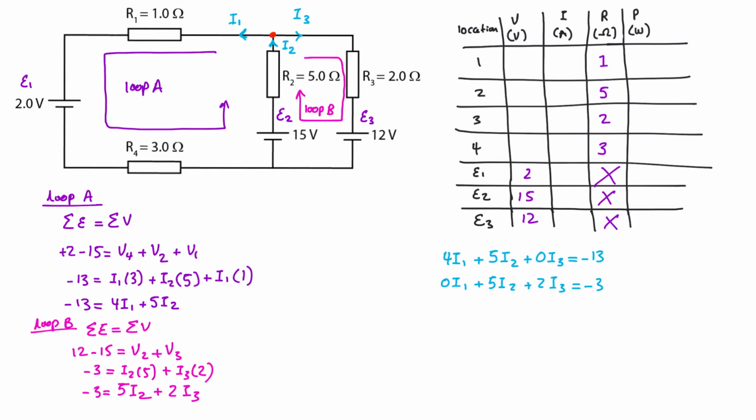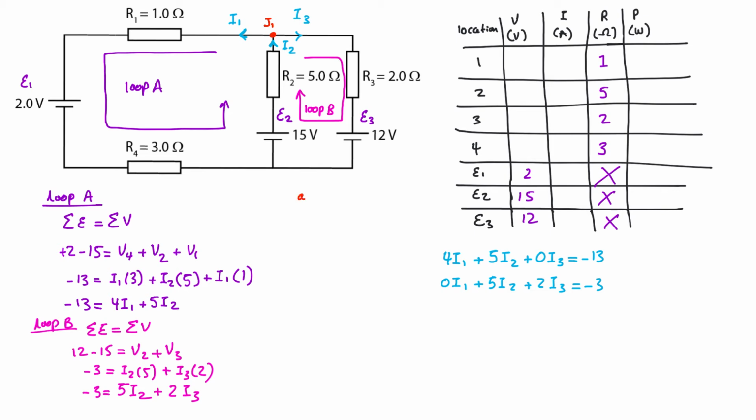I'm doing that just because there are only two junctions, this one and this one. They will yield the exact same equation because you have the same currents coming in and out, I2, I3, and I1. But since I've pointed everything down here, it's a little bit easier to show. So I'll use this, and I'll write this as junction 1 or node 1.